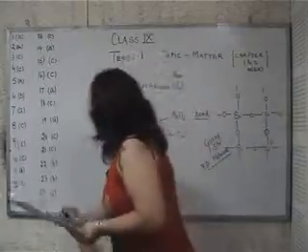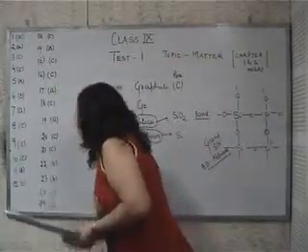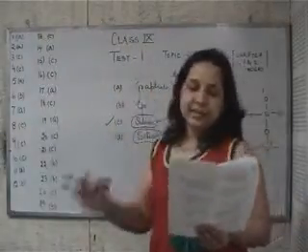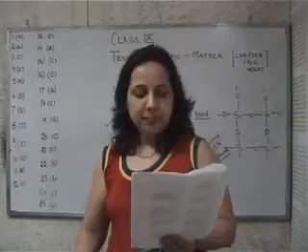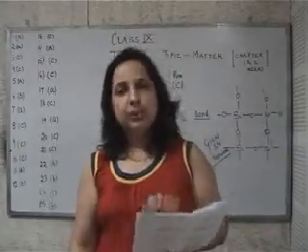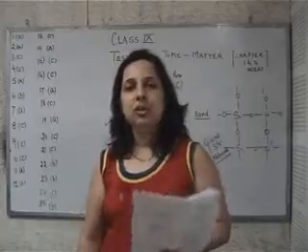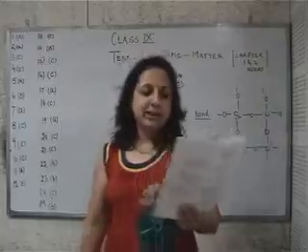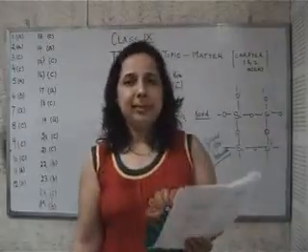B is the correct option. Milk is not a pure substance. Milk is an impure substance. It's not an element, not a compound, not a pure substance. It is a mixture of so many things like proteins, oils, fats, water, emulsifiers, etc.